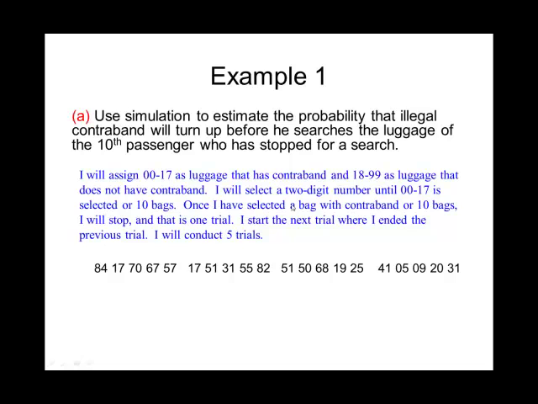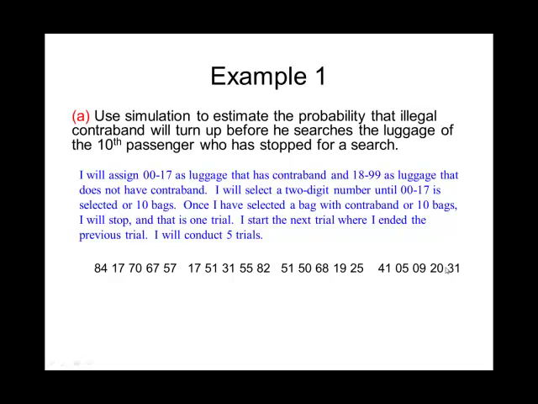Once I have selected a bag with contraband or 10 bags, I will stop, and that is considered one trial. I start the next trial where I ended the previous trial, and then I will conduct 5 trials. So what I've done is I've described how I'm going to do the simulation and where I've assigned my numbers. This is the 7 steps to a simulation.